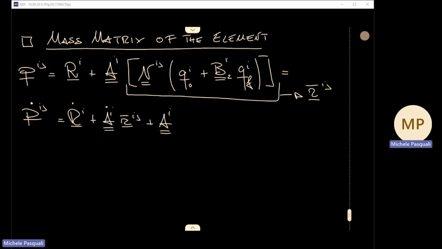The derivation with respect to time of r over bar basically acts only on the quantities which depend on time. So what is the only time-dependent quantity here in the square brackets? Well, it's this one, because this is only due to the initial position. So it depends on time, but only with respect to the initial instant of time. All of the rest is not dependent on time.